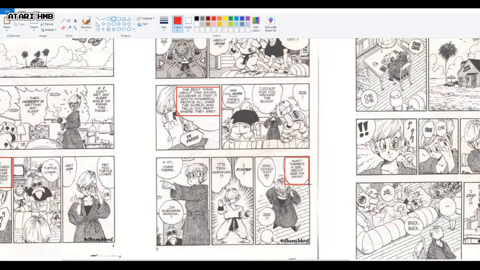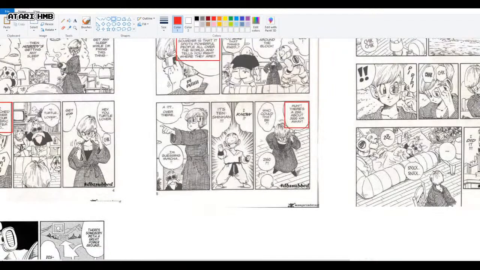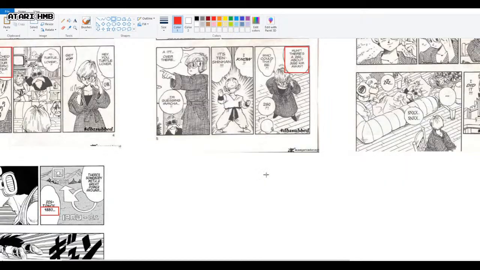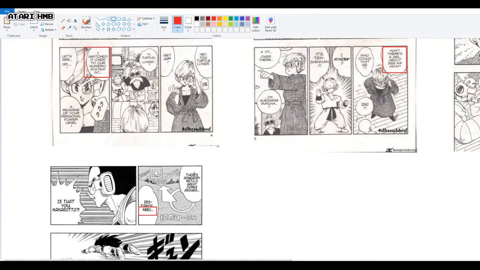There's a 250 power level about 3,000 kilometers away. I know, that's Tien Shinhan. And then she's talking about Yamcha, etc. Now, why is this important? Bulma said 3,000 kilometers away. She knows what a kilometer is. She changed it to their numeric system. Now, let's break down what that means.